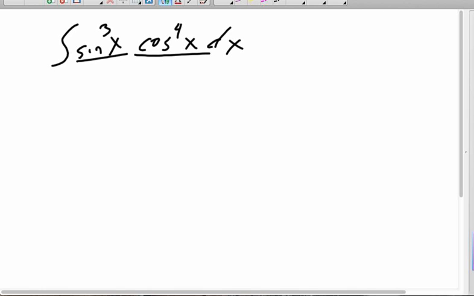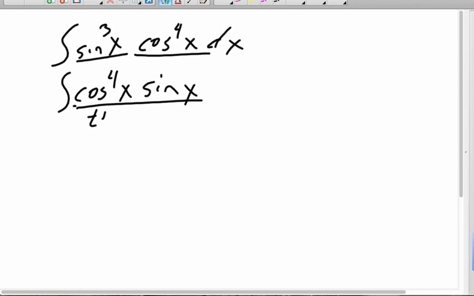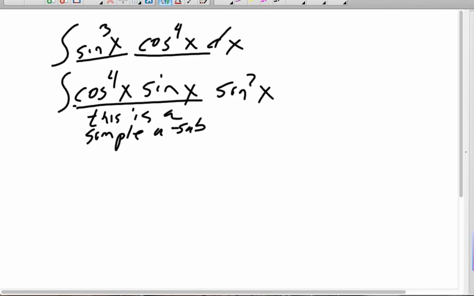I know I want to have something that looks like cosine to the 4th of x sine of x. All right, this we can integrate. This is a simple u sub, but I still have a sine squared of x multiplied out here, dx.